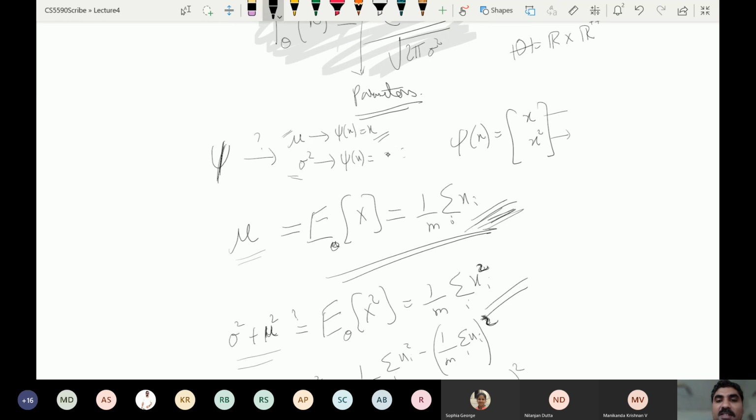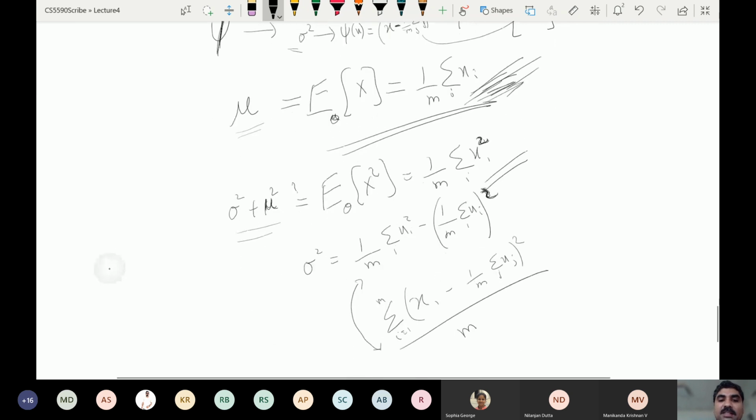Instead of x, take x minus, say, 1 by m sum of x, just to match the variance. Then what will I get? Then I'll basically have the same thing here.